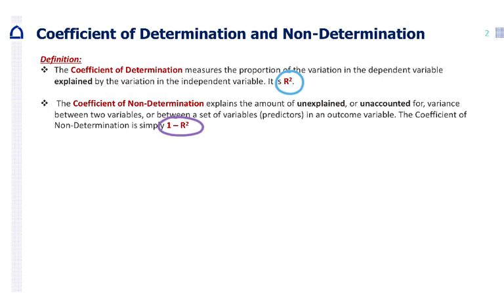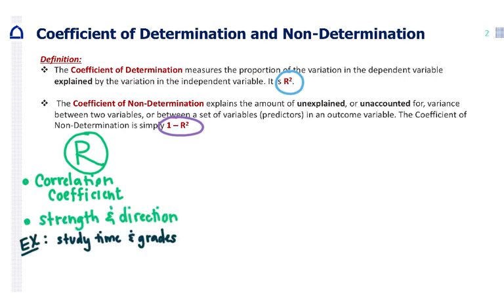Before I get too far into what those are, let's have a little bit of a reminder of what r is. In a previous lesson, we learned about r. R is called the correlation coefficient, and it measures the strength and direction of the relationship between the independent and dependent variables.